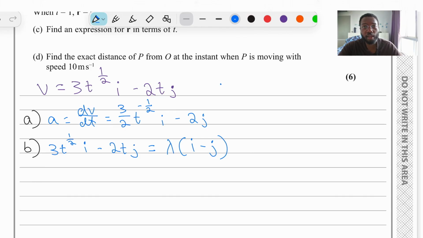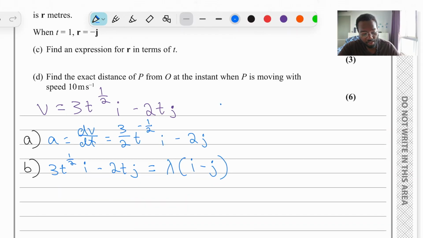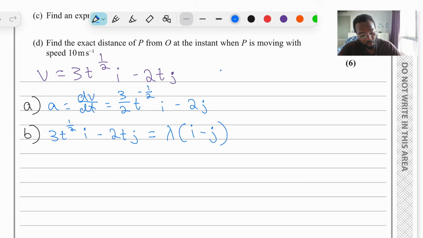Now we can just equate the i's together and the j's together, and we can work out the value of t. Let's equate the i's first. That would be 3t to the power of a half i equals lambda i. And then for the j's, it would be minus 2t j equals lambda times minus j, a minus lambda j.